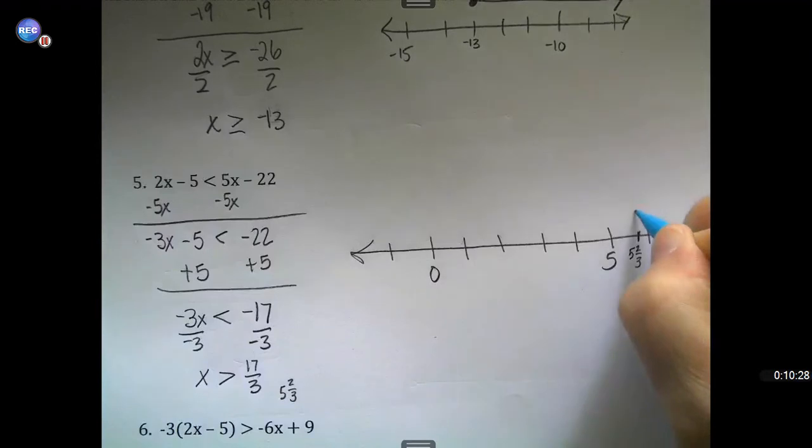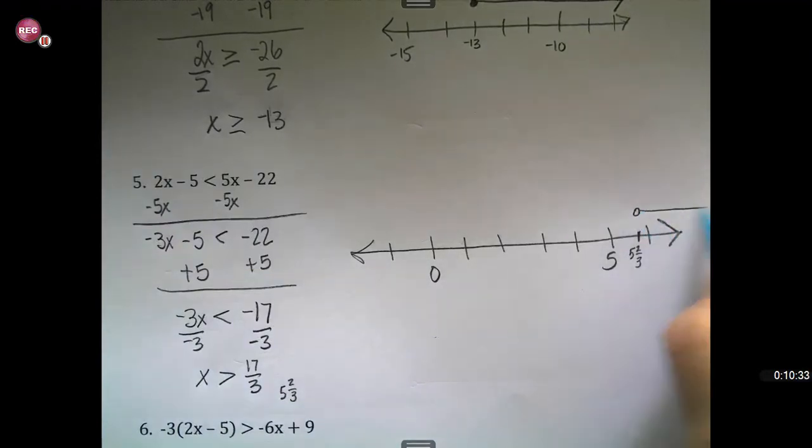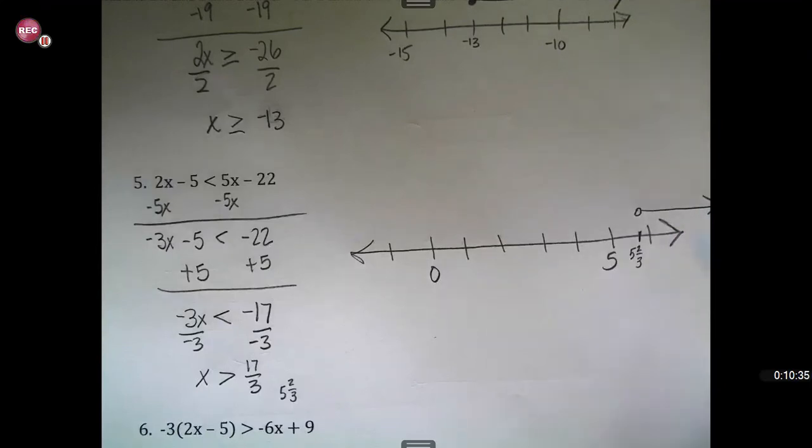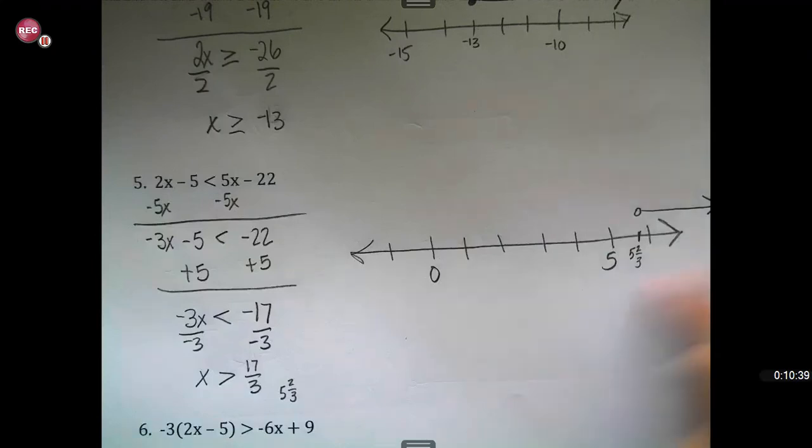Open circle, greater than, so I want the arrow this way. I guess I should have started further this way, so I had a little bit more room for the arrow to show where my answer is.